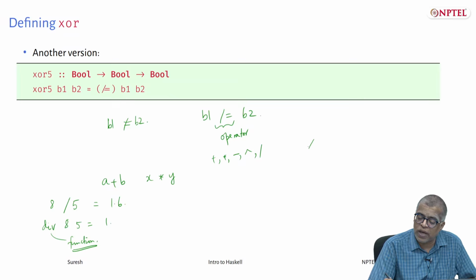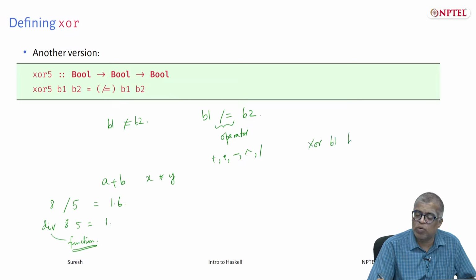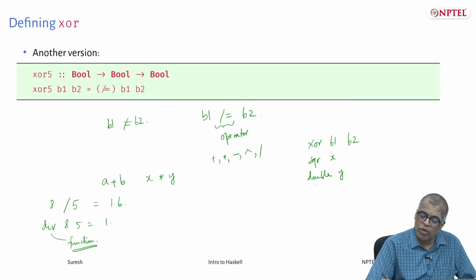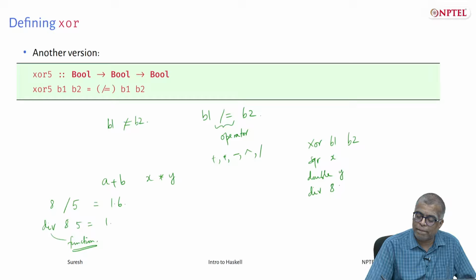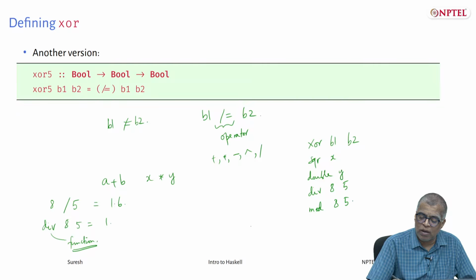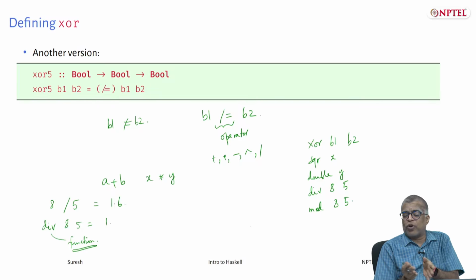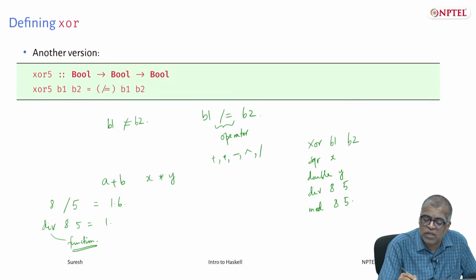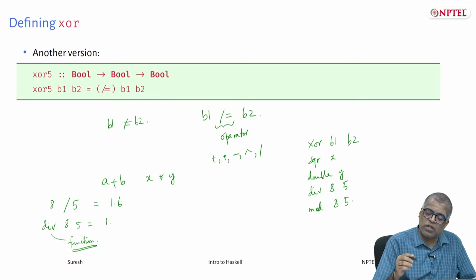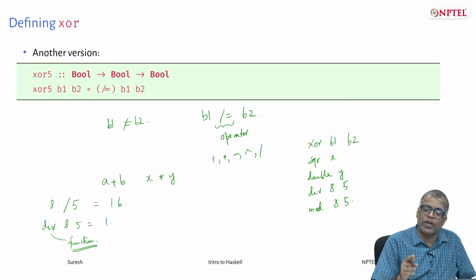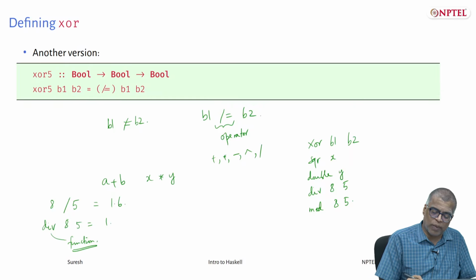So you say XOR B1 B2, you say square x, you say double y, you say div 8,5, mod 8,5, etc. Functions are always specified before the arguments, whereas operators are placed in between the arguments, typically for binary operators.